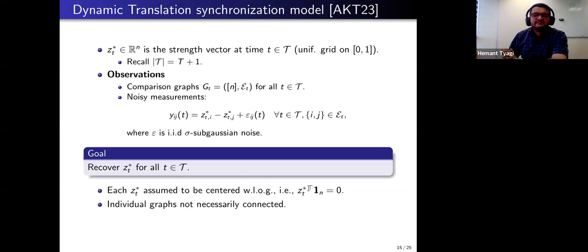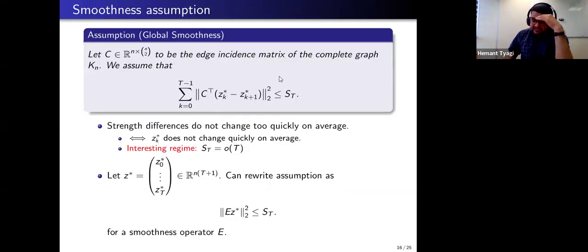But now we need some assumption on how the model evolves with time. How do these Z_t stars evolve with time? And here we consider this weaker smoothness condition, which is not local, but global. What this assumption says is that the successive difference of Z stars, with respect to the L2 norm, for example, is bounded by S_T.